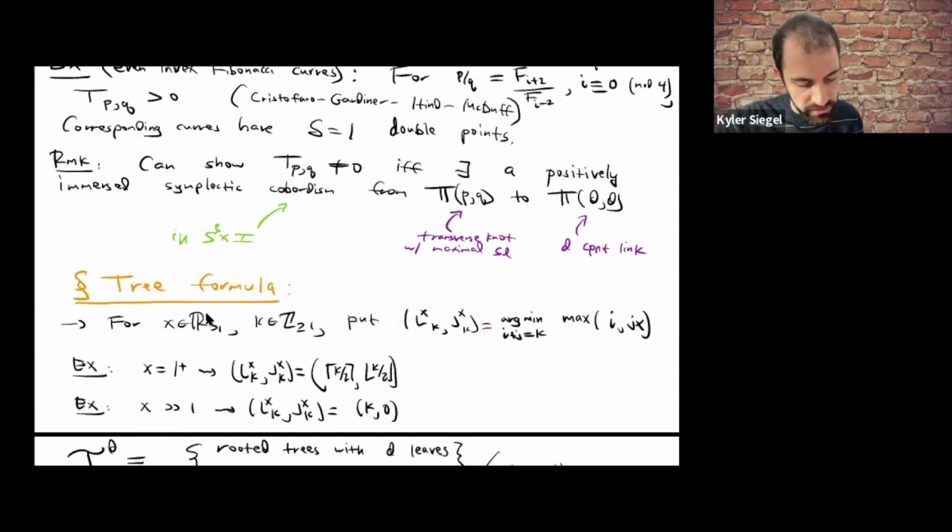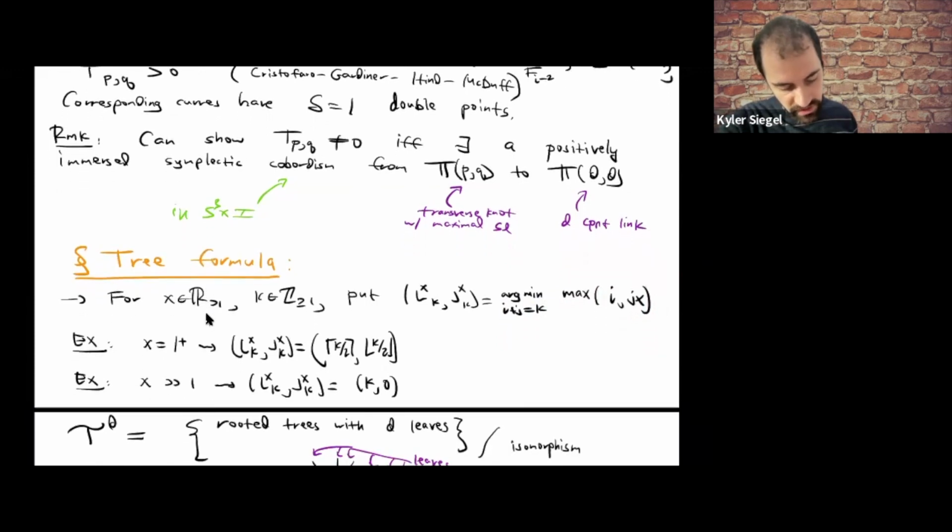I_k(x): if x is a real number and k is an integer, the pair (I, J) is the minimal pair, the pair I, J whose sum is k and which minimizes the maximum of I and Jx.